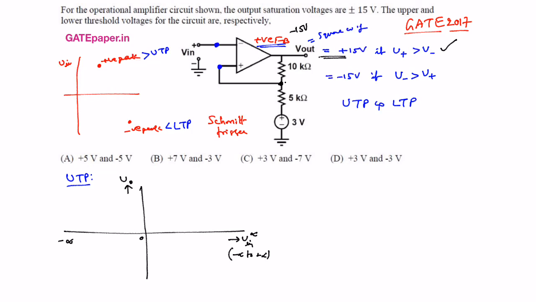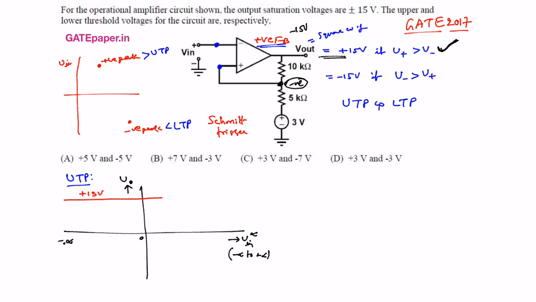If previously, at the time of power supply switch on, it is at minus 15, then minus 15 and plus 3 volts contribute to the voltage across this point, which is somewhat negative, but that negative voltage is very large in magnitude compared to the input voltage, which is starting from minus infinity. So always the case is in this way. So the output voltage will always be plus VCC, that means plus 15 volts.